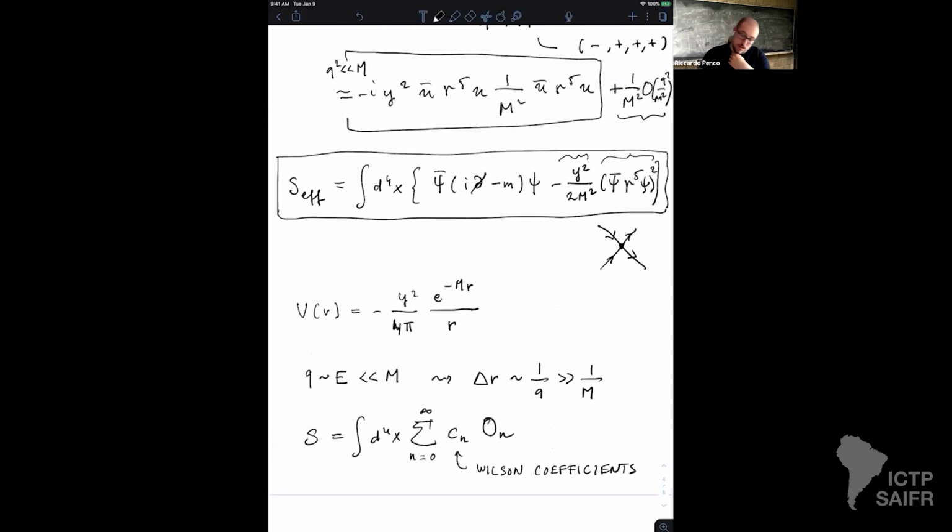So in general, your effective theory will have an infinite number of these Wilson coefficients. And if you want to go from the full theory to the effective theory and get the same physics, what you should do is figure out what are the correct values of these Wilson coefficients so that at low energies you get exactly the same physics. Okay.